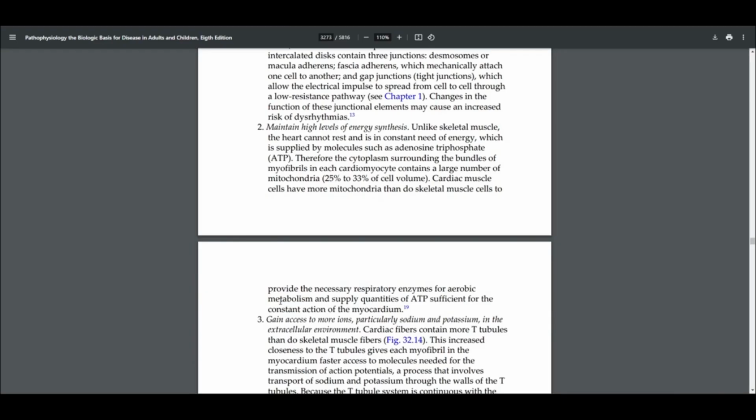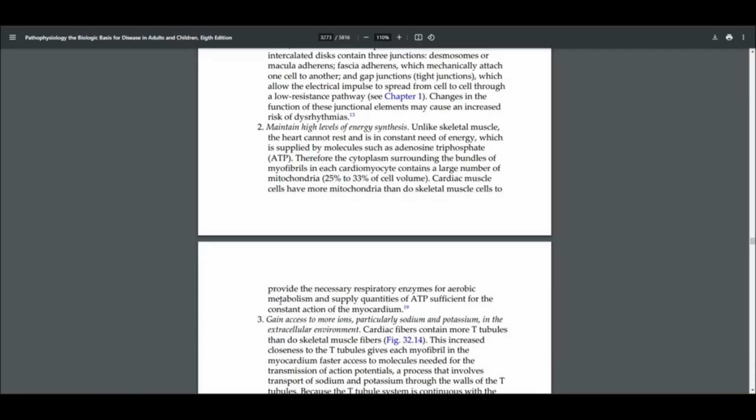They also maintain a high level of energy synthesis. Unlike your skeletal muscle, the heart cannot rest and is in constant need of energy, which is supplied by molecules such as adenosine triphosphate, or ATP.